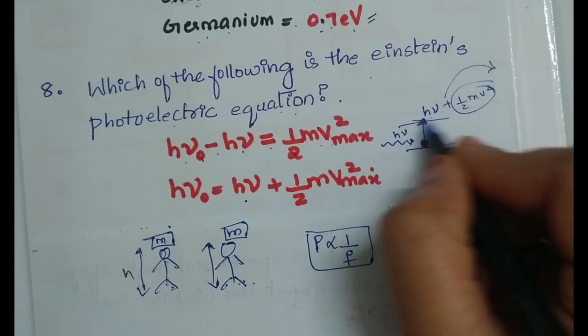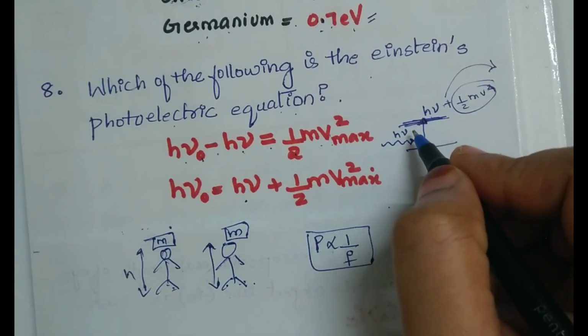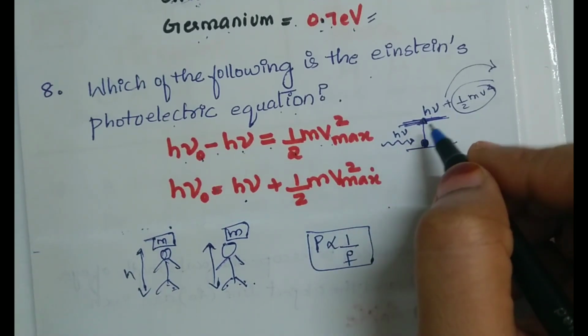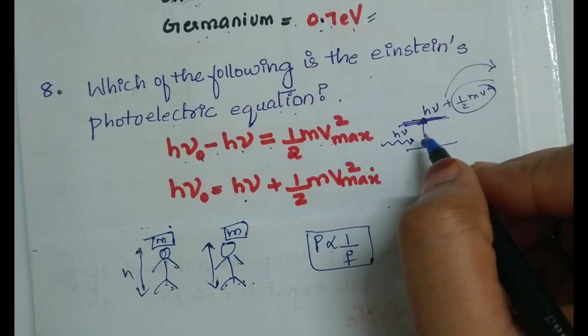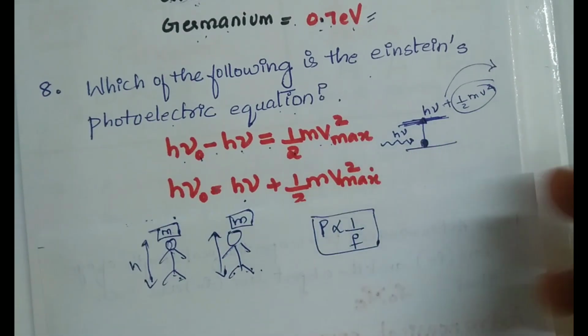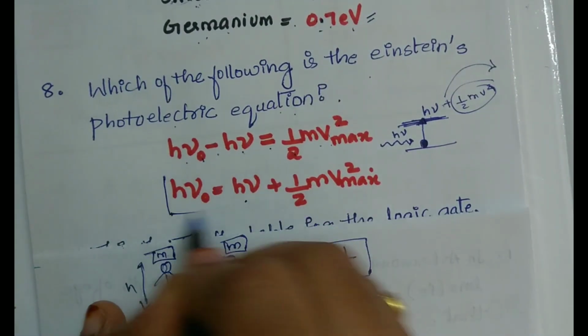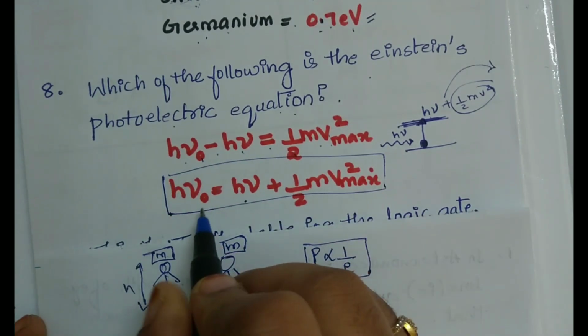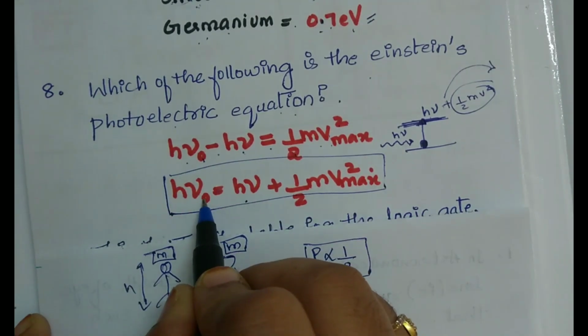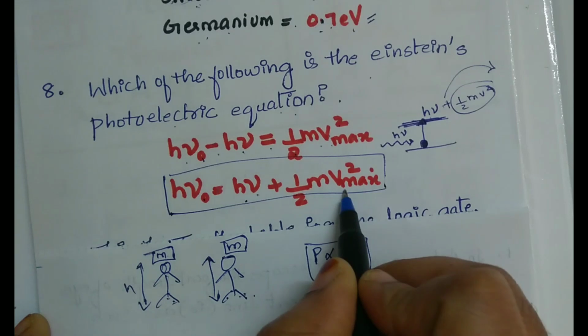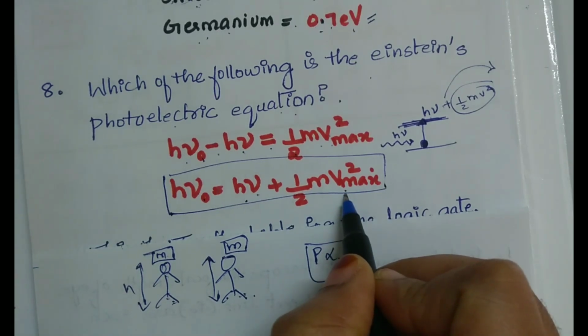This is a very detailed and interesting concept. I shall discuss it in my upcoming videos. For now, you just remember the relationship between the initial frequency, the final frequency, and the velocity with which the electron will move.